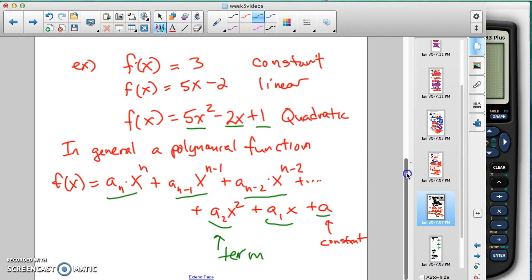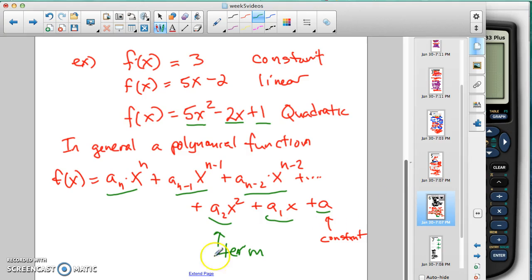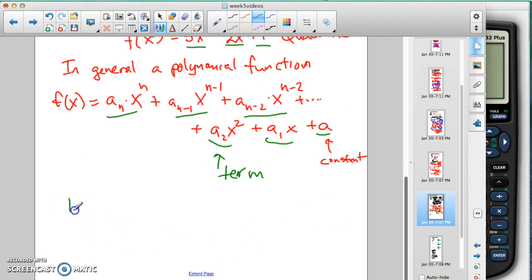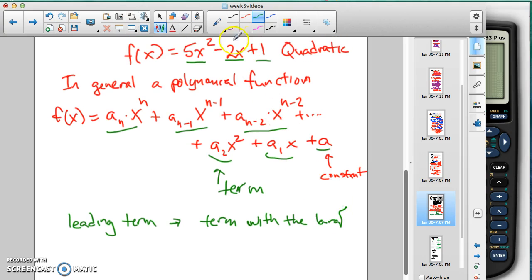So each of those are called a term. The leading term is the term with the largest exponent. It's usually written in the front of the polynomial function.